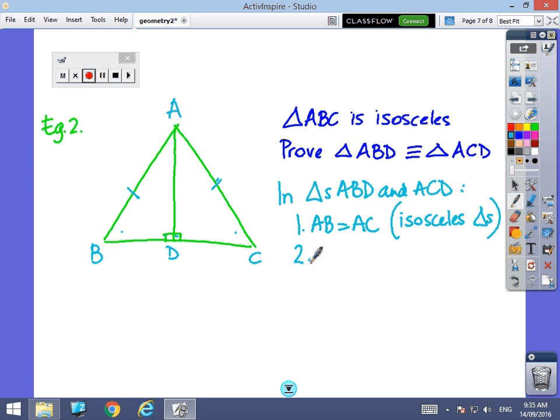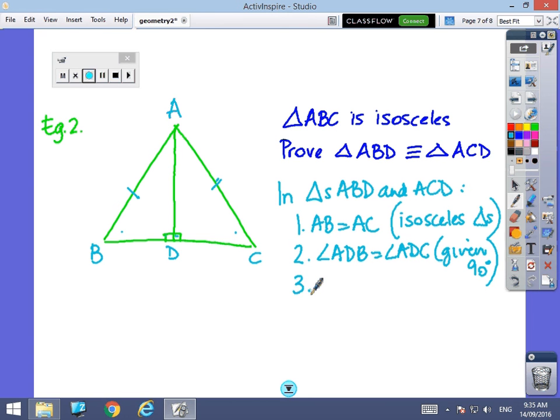Number 2, I'm going to say angle ADB is equal to angle ADC. That's given, and it's 90 degrees.